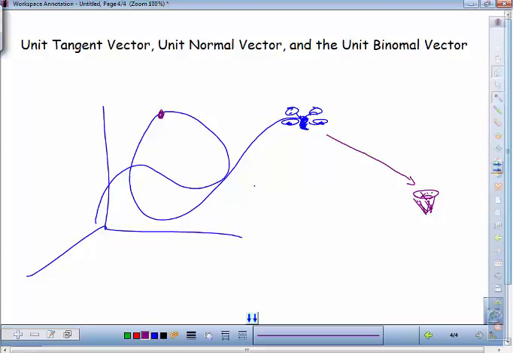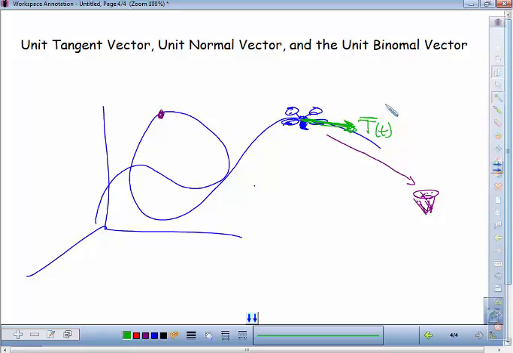So what the drone does is it follows a particular path. I'll keep my path in blue. And then what it's going to do is define a direction that it's moving toward. And that would be the tangent vector. Right?